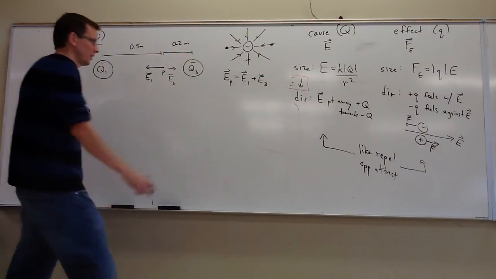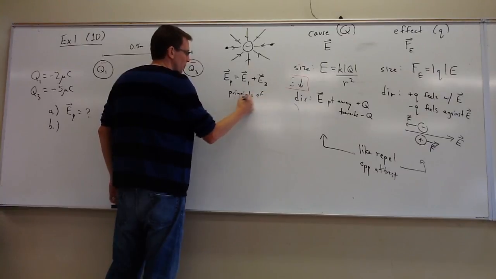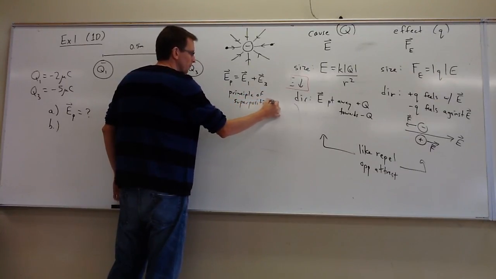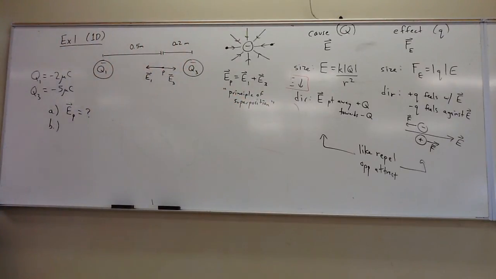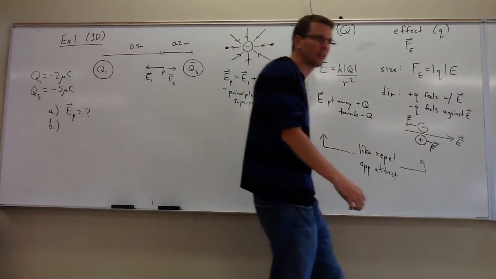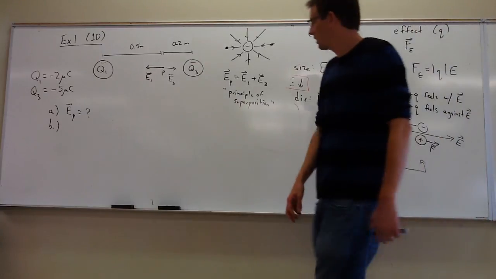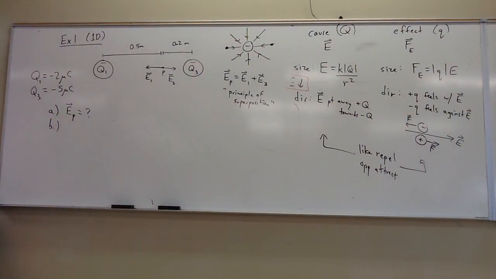Okay, I'll write down the principle of superposition. All it simply says is that what actually happens at that point in space is a result of all of the influences, right? You can't cherry pick which charge matters and which one doesn't. They all matter, okay?